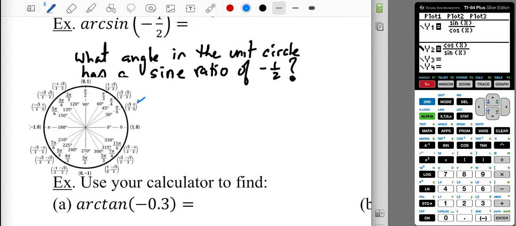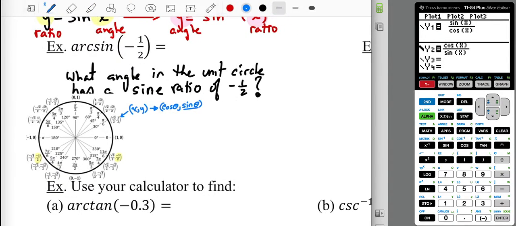So x comma y gives us cosine comma sine. When I'm looking for the sine ratio, I'm looking for the y value, so a y value that is -1/2. So I just hunt around. I've got a -1/2 here, and one right here.